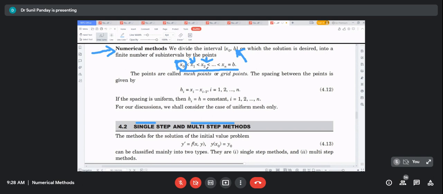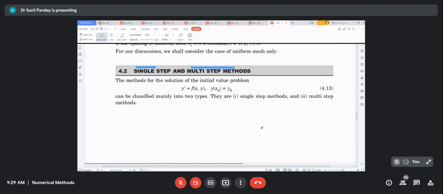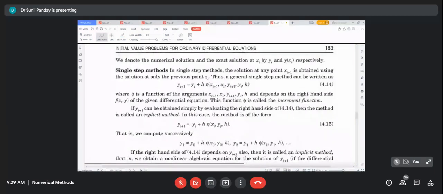For a multi-step method, if I am calculating the value of y at x2, I may require the value of y at x1 and also the value of y at x naught. If I require more than one previous term to calculate y at x2, then such a method is known as a multi-step method. In single step methods, the solution at any point xi plus 1 is obtained using the solution at the previous point xi.